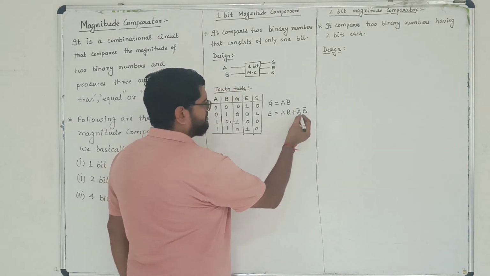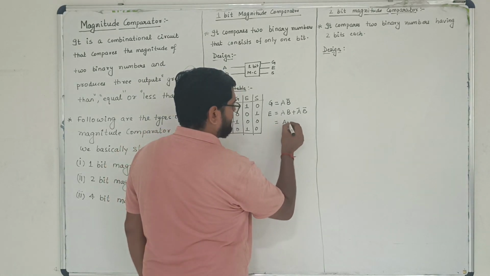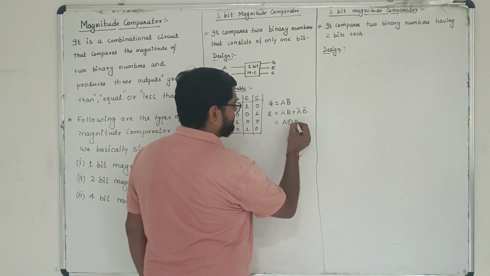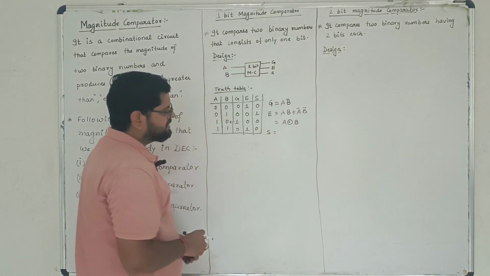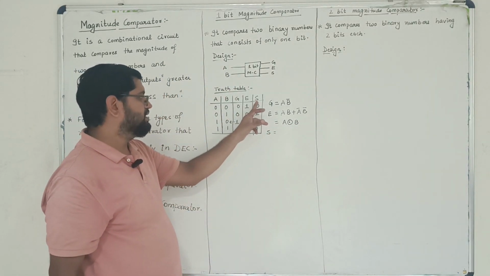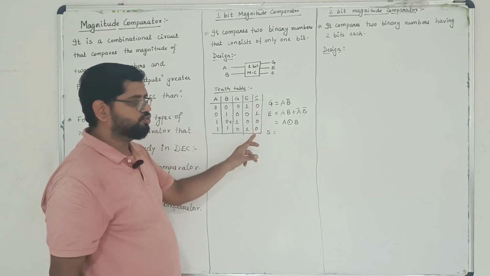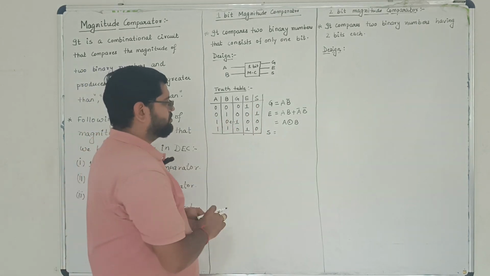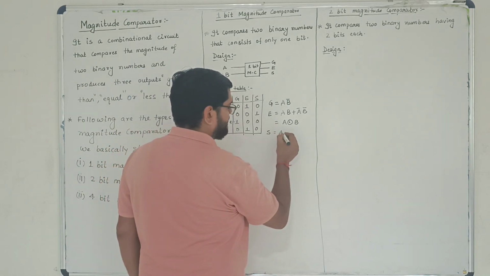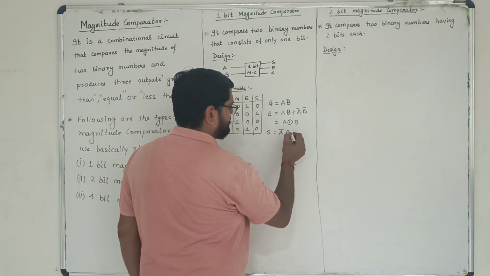Now this value AB plus A bar B bar is nothing but A XNOR B. The last one is S. For S, you can once again see we have 1 at only one position, and at that time the value of A is 0 and B is 1. So definitely the Boolean expression will be A bar B.